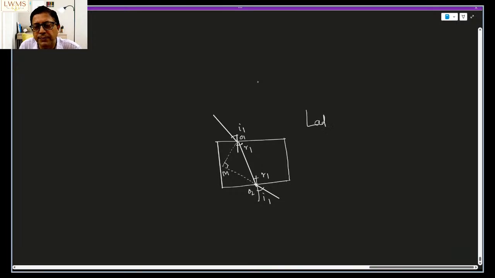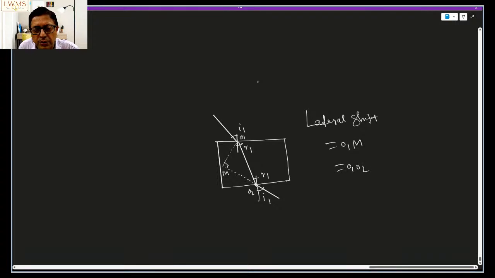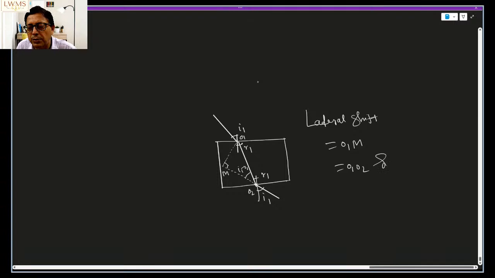So lateral shift, we have seen O1M, which is nothing but O1 O2. This we have proved. This angle is I1 minus R1. O1 O2 sine of I1 minus R1.